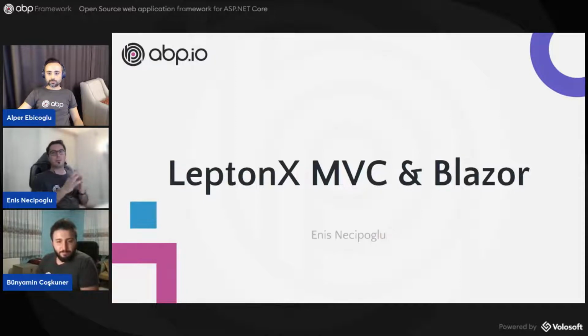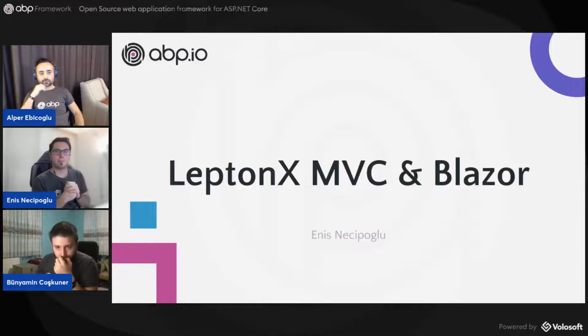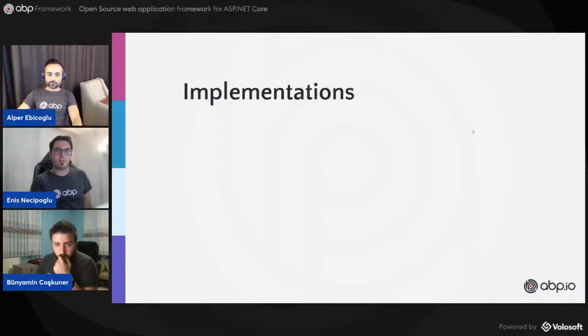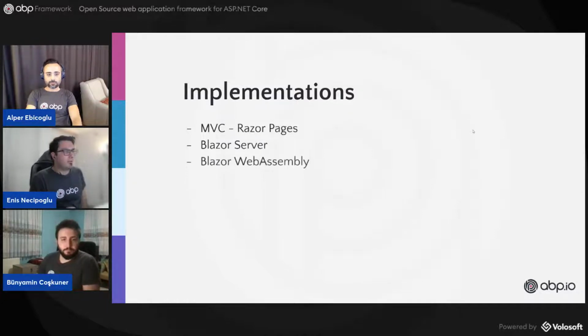Now I will show you LeptonX in a real working ABP MVC and Blazor application. You already showed us how it works in Angular, but now I will show you in MVC and Blazor. Let's start. But before we investigate a real application, just a few technical topics. Implementation: as Bünyamin says, we have a Pro version.